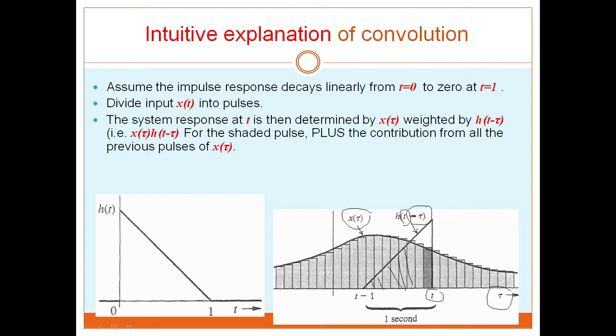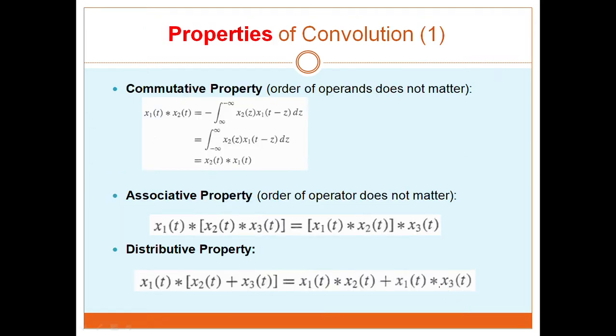That is the convolution integral. As I briefly explained, the summation of this weighted input is the convolution integral. Basically, an integral is also a summation under the area when we break or chunk each of these pulses.